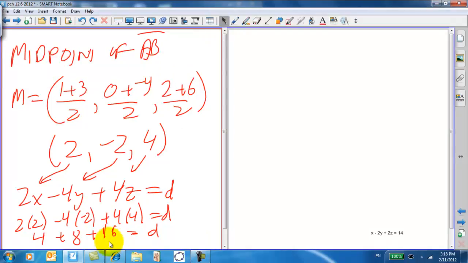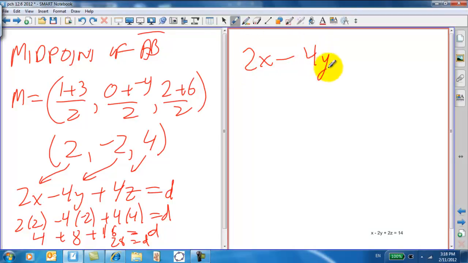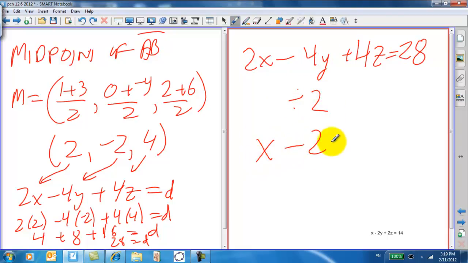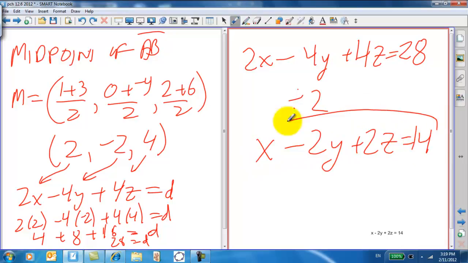A very minor mistake. 12 and 16 is 28. 28 equals d. So we've got our equation now: 2x minus 4y plus 4z equals 28. And you must get rid of any common factors. So when we divide by 2, we get x minus 2y plus 2z equals 14. And that checks out.